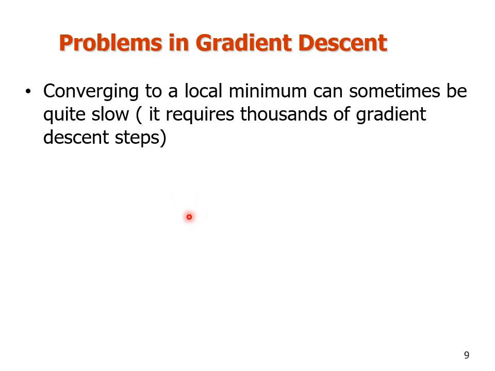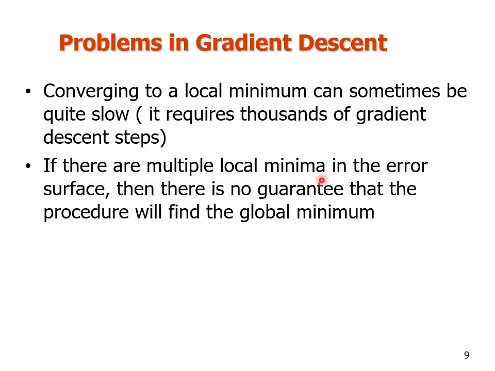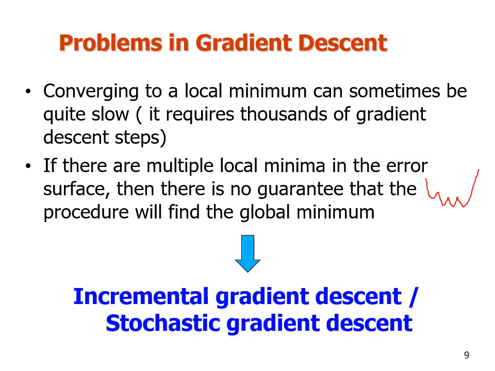Secondly, if there are multiple local minima in the error surface, then there is no guarantee that the procedure will find the global minimum, and hence some modification has been proposed in the original gradient descent algorithm, and the new algorithm is known as incremental gradient descent or stochastic gradient descent algorithm.